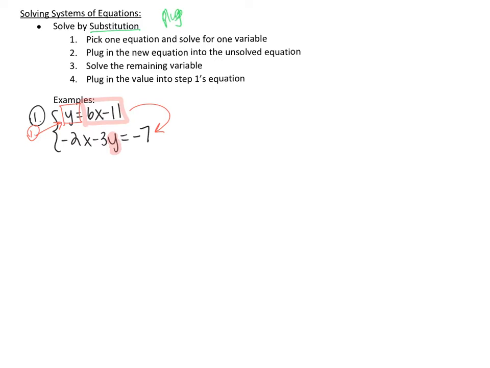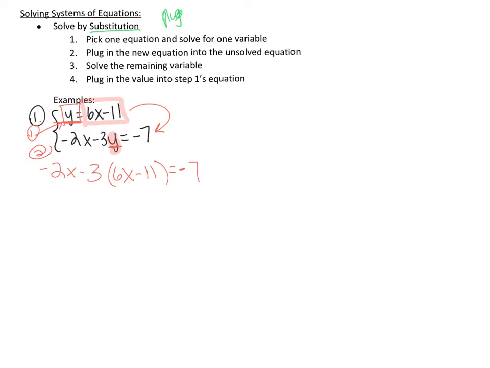Let's see what that might look like. I'm going to start off and I would say 2x minus 3, and instead of writing a y, I'm going to write 6x minus 11 equals negative 7. So in this step 2, I've plugged 6x minus 11 into the variable y because that's what we had solved for.